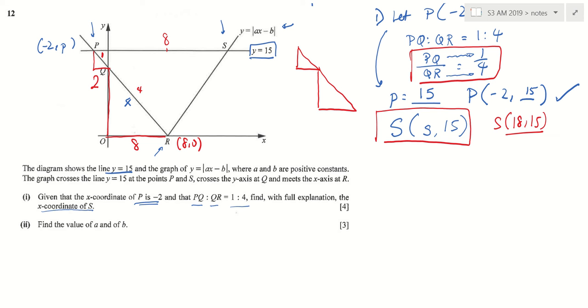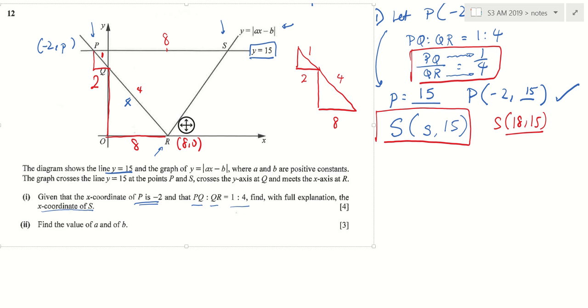Okay. Now, if this is 1, this is 4, right? If this is 2, then this one will be 8. Can you follow? Okay, good. So this triangle is this triangle, this triangle is this triangle. Can you follow?